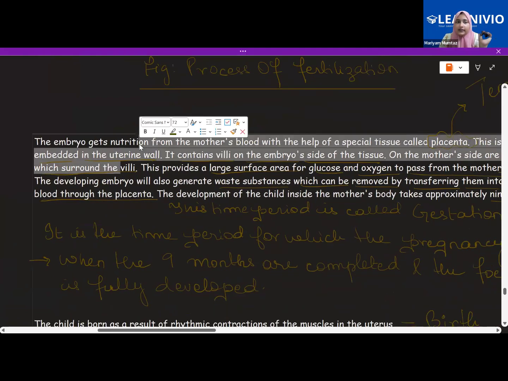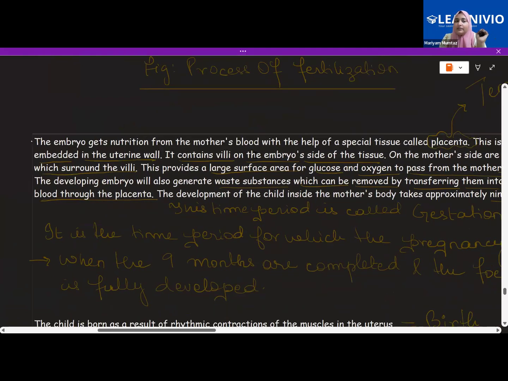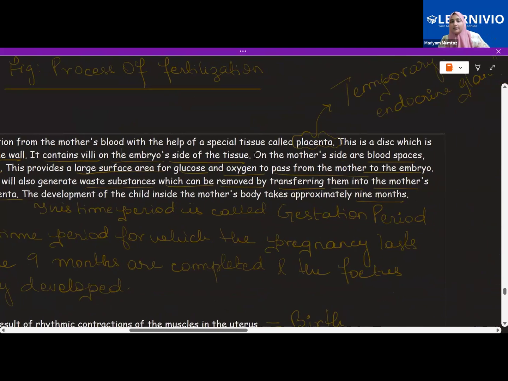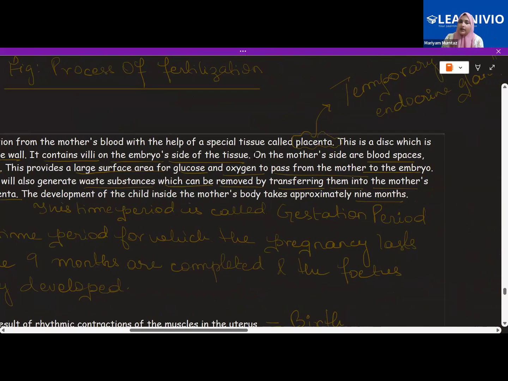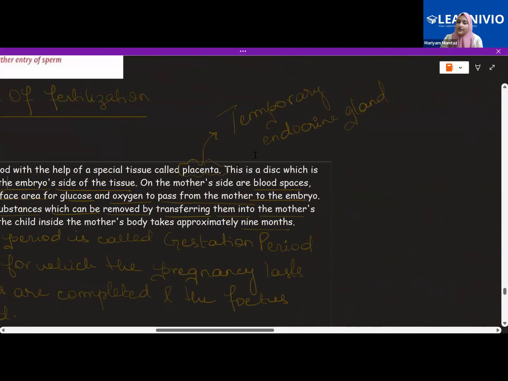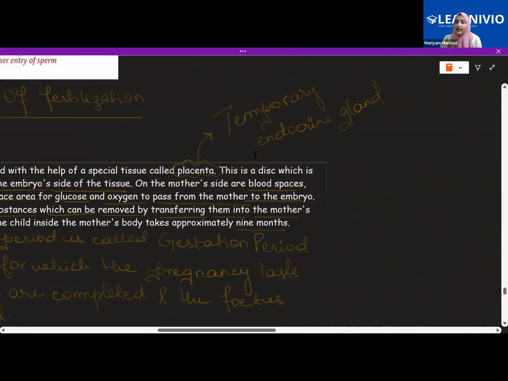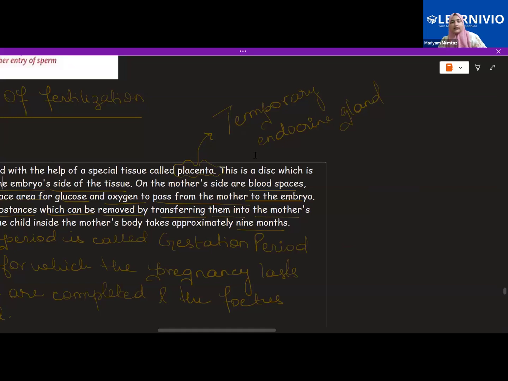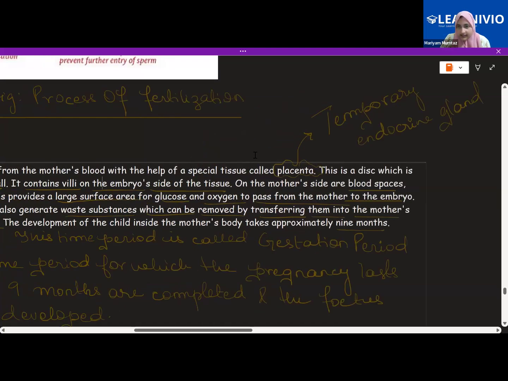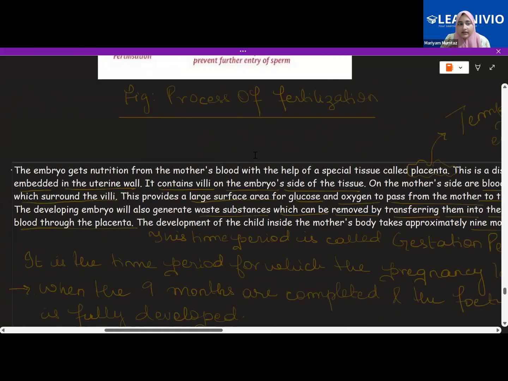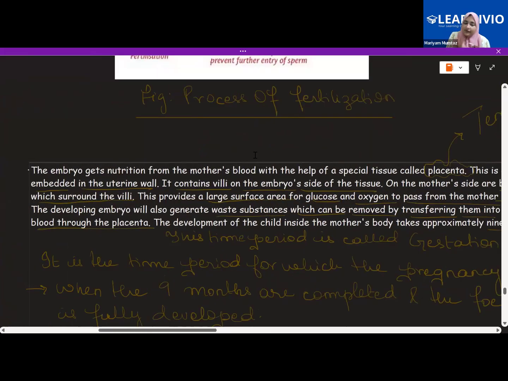Now, the embryo gets nourishment from the mother's blood with the help of a very special tissue called the placenta. It is also called the temporary endocrine gland, because it releases a lot of hormones that are responsible for the continuation of the entire pregnancy period. The placenta is a disc-like organ embedded in the uterine wall.